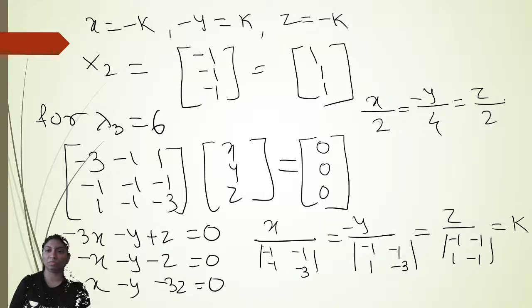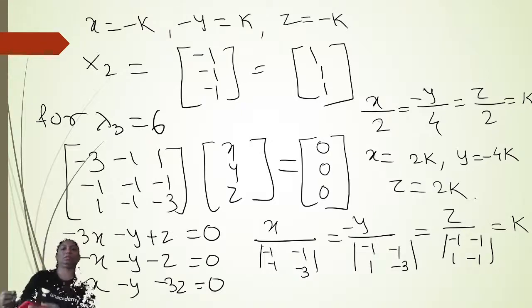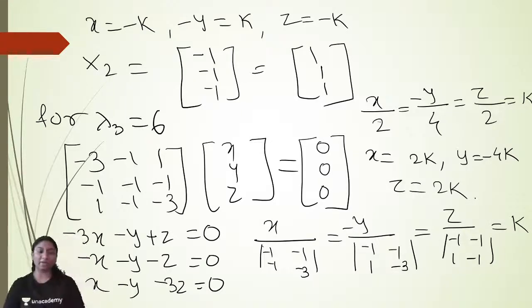So 2 is equal to k. So x is equal to 2k, y is equal to minus 4k, and z is equal to 2k. Okay. So x is equal to 2k, y is equal to minus 4k, z is equal to 2k.